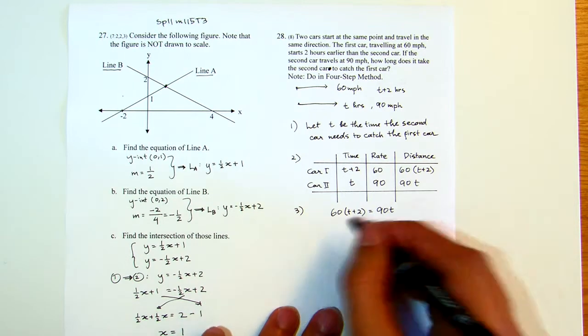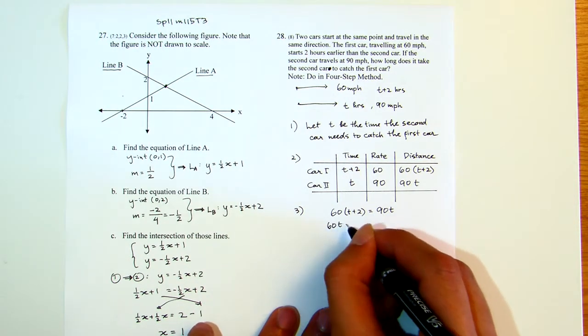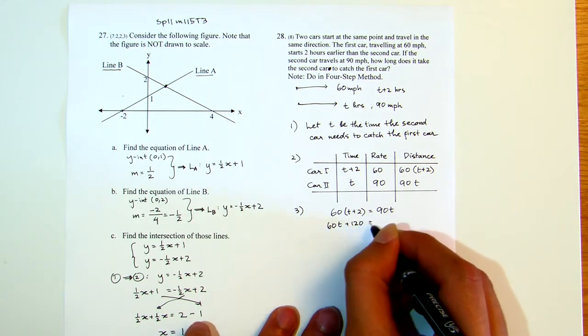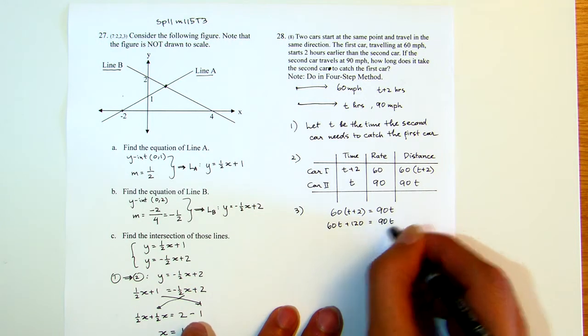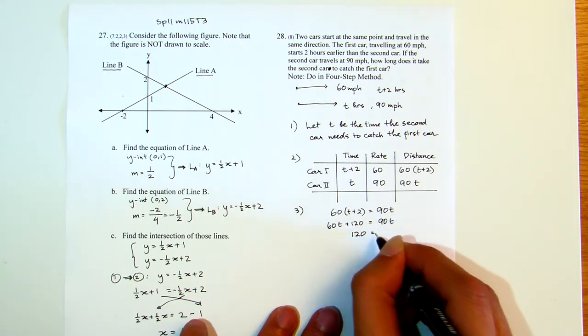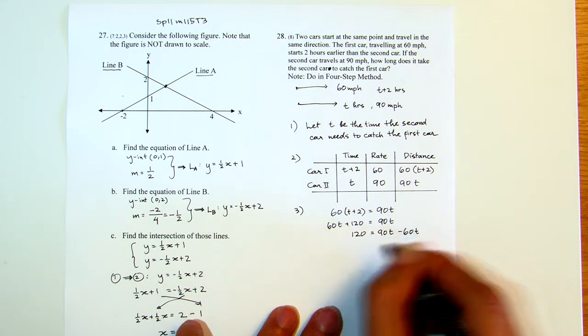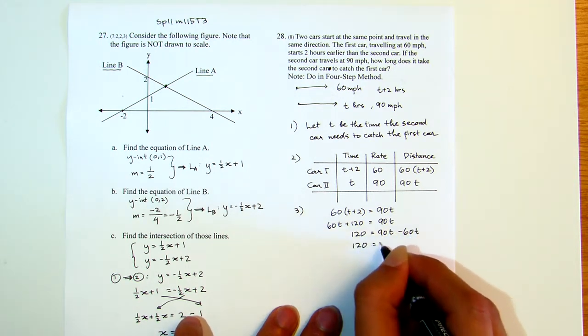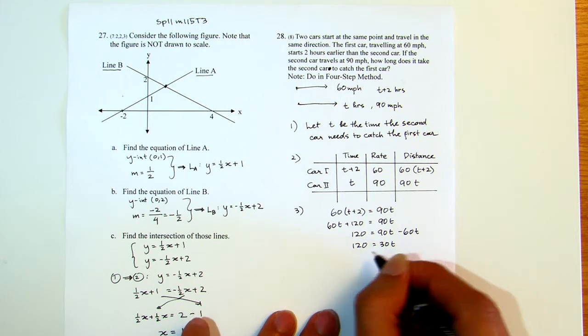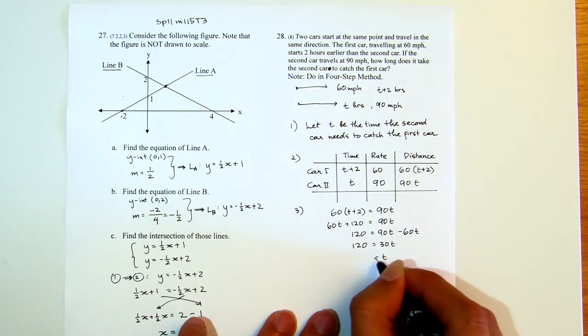From here we then solve it. 60t plus 120, I basically do the distribution, and 120 equals 90t minus 60t, 30t equals 120, therefore t equals 4.